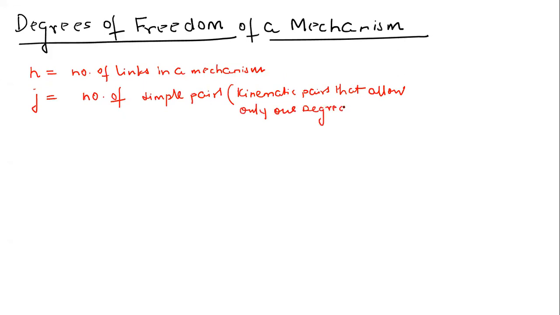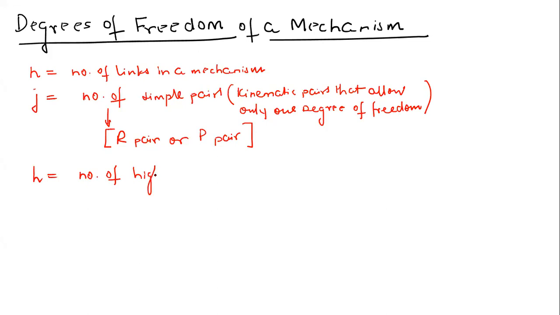So just remember, the kinematic pairs that have 1 degree of freedom. Usually this simple pair is either a revolute pair or a prismatic or sliding pair, so in short we can denote this with the notation R, P. Then h is equal to the number of higher pairs. These were the notations which I specified in the previous session also.